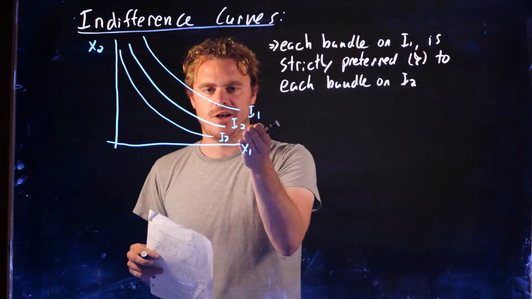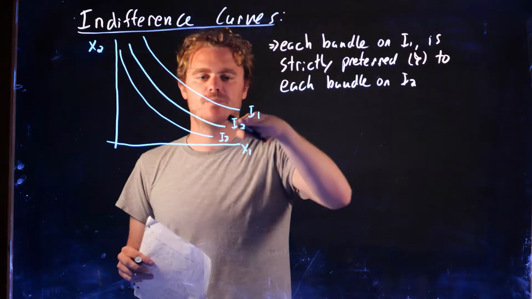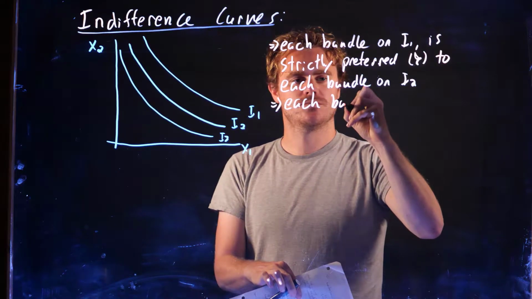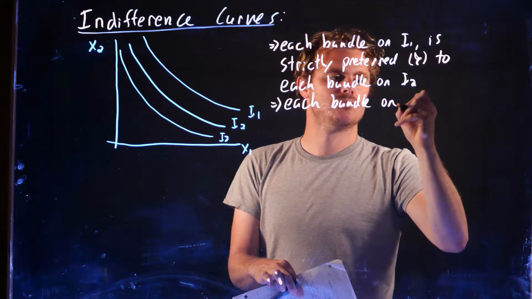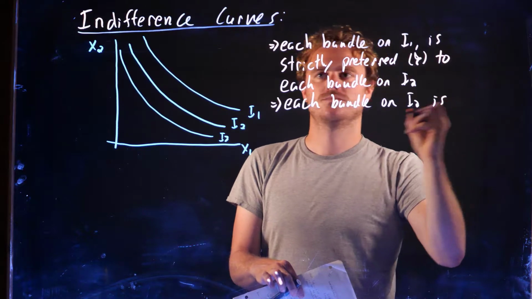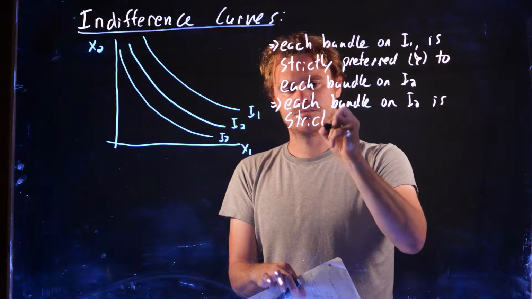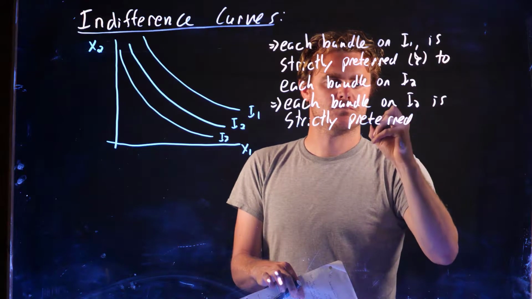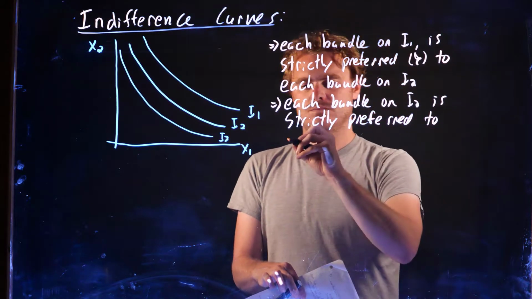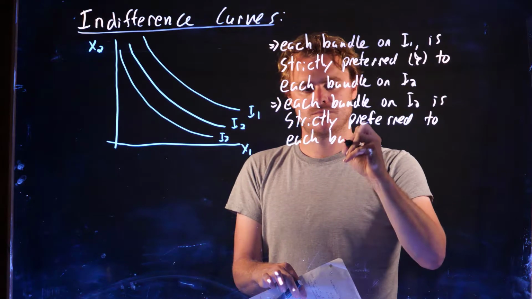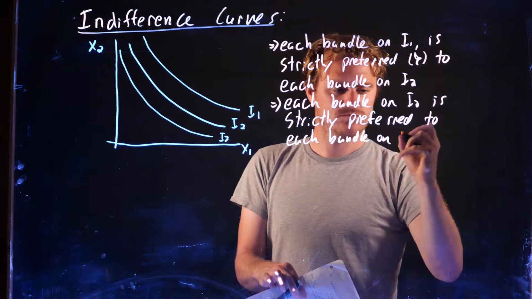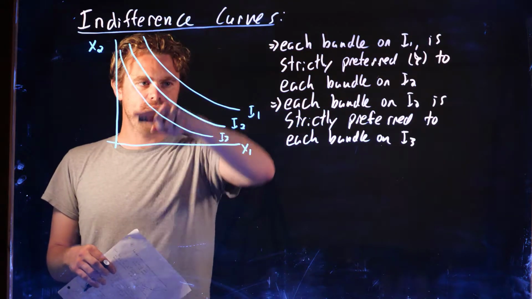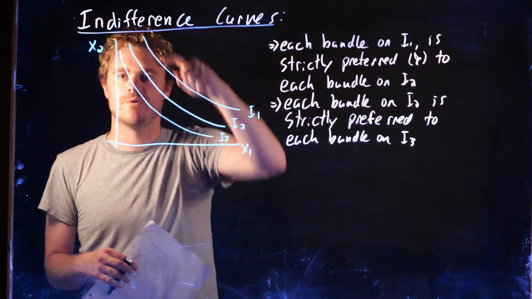And then again, each bundle on I2 is strictly preferred to each bundle on I3. So the indifference curves further from the origin are the most preferred, right?